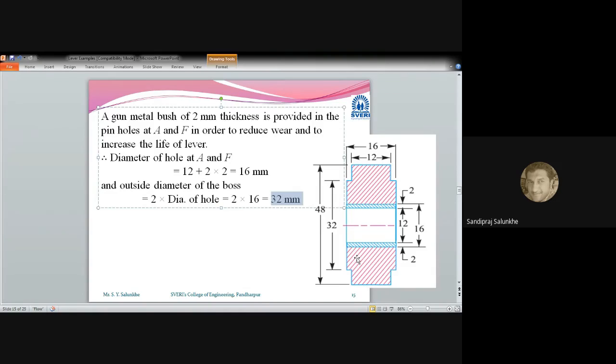Boss and bush are different. Bush is inserted in that hole, and boss is nothing but the elaborated part of that lever. म्हणजे त्या लिव्हरचाच इंटिग्रेटेड पार्ट आहे, आणि फक्त आपण तिथे थिकनेस वाढवले, त्याला बॉस म्हणू. आणि बुश जे होलमध्ये इन्सर्ट केलेलं आहे त्याला बुश म्हणू, which is acting as a bearing. Got it? Any question up to this point?